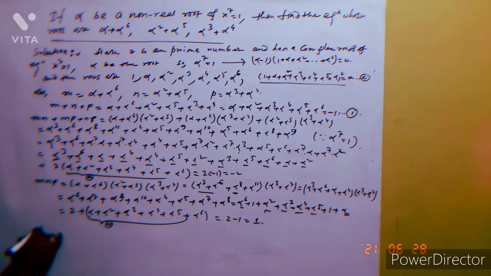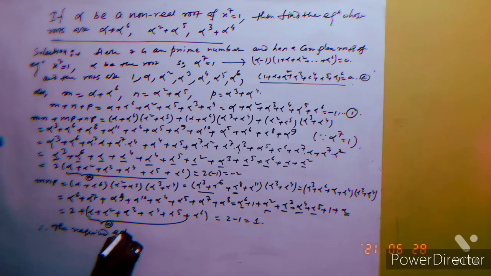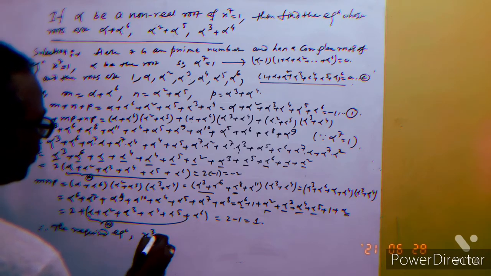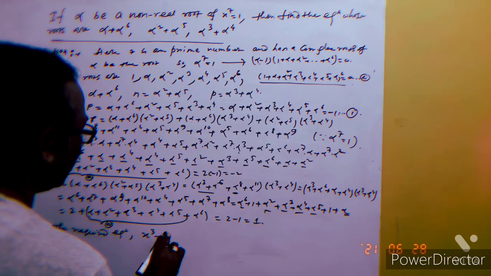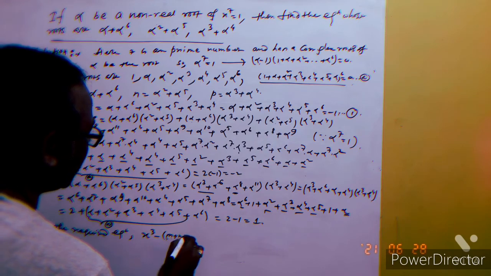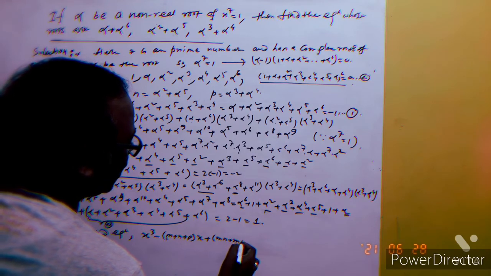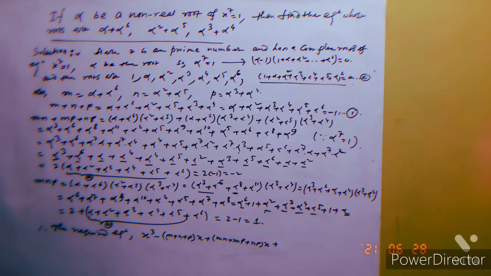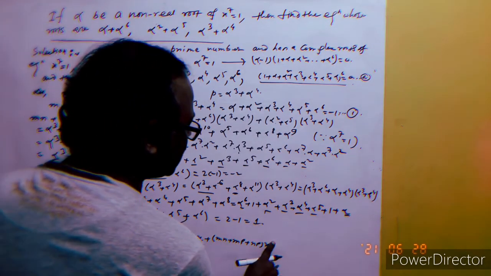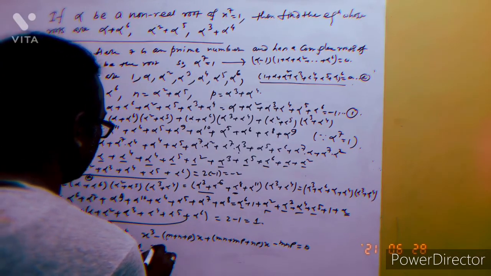Okay, therefore the required equation is x cube and sum of the three roots, that is m plus n plus p into x, mn plus mp plus np into x. Okay, after that minus mnp equal to 0, and that is x square.